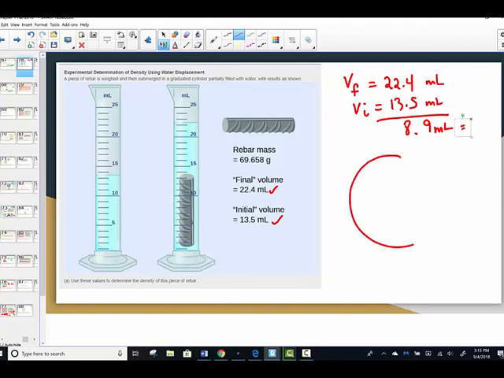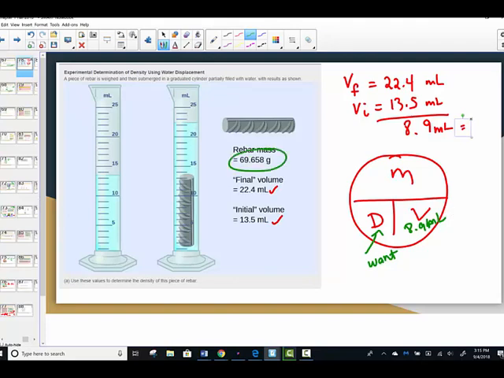Density is a ratio of mass per unit volume. This particular problem asked us to find density, so this is what we want. 8.9 milliliters was the water displaced, therefore the volume of your sample, and the mass was given as 69.658 grams. You can see the relationship of M over V, so we know to divide.